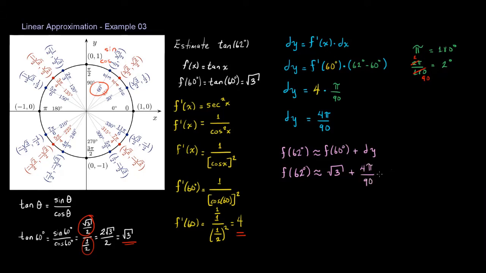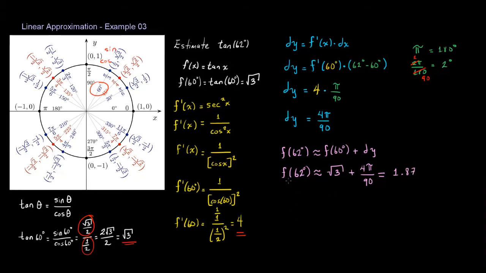If you use a calculator to calculate this, we get the result. I'm just going to show you how close it is to the actual result. This square root of 3 plus 4 times pi over 90 is equal to 1.87.